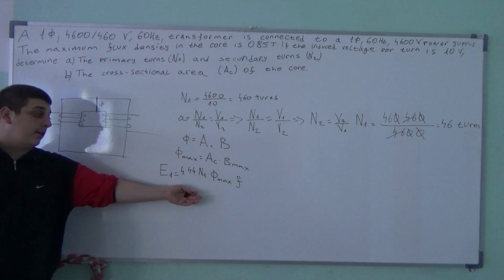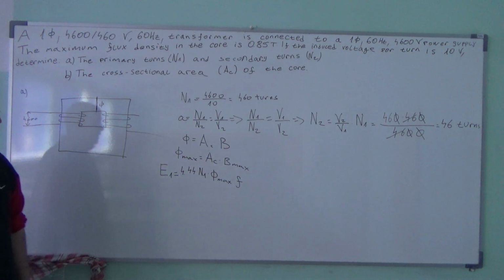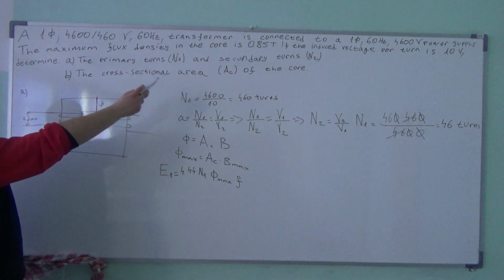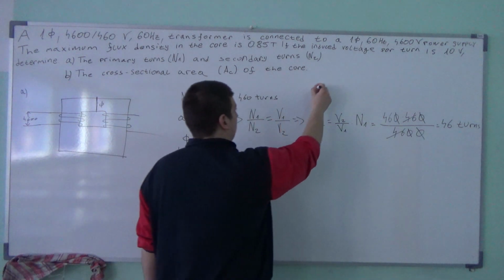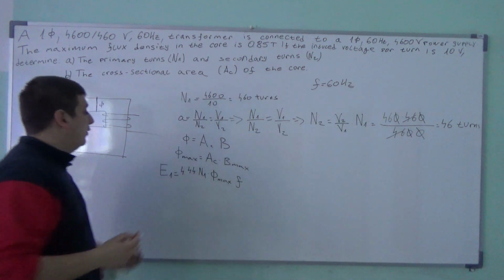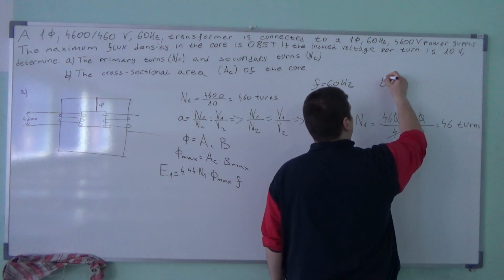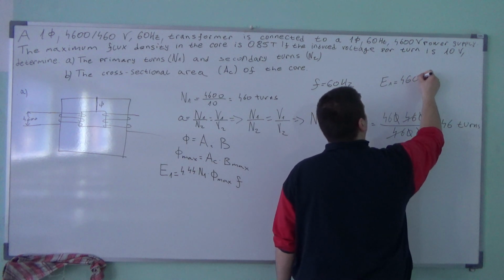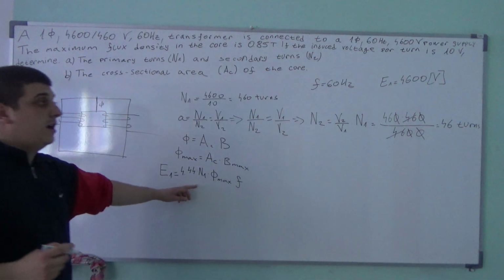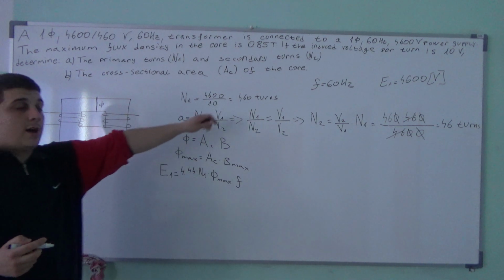Do you remember this formula? This is a very important formula. Now, looking at this, we have the frequency. The frequency is 60 Hertz. We have the induced voltage E1, that is 4600 volts. We have the turns on the primary side, that is equal to 460 turns.